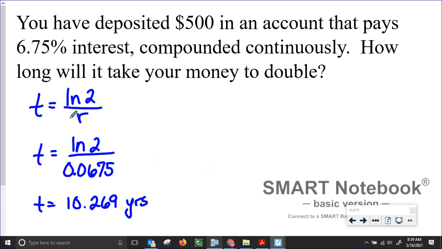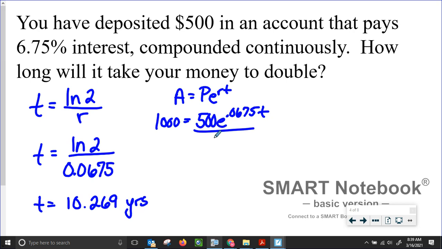Now, like I said, if you don't remember this formula, it's not a big deal, right? You could still always say A is equal to P E to the RT. This is 500. R we know is 0.0675. This would have to be 1,000 if we're doubling it, right? You divide both sides by 500 here.